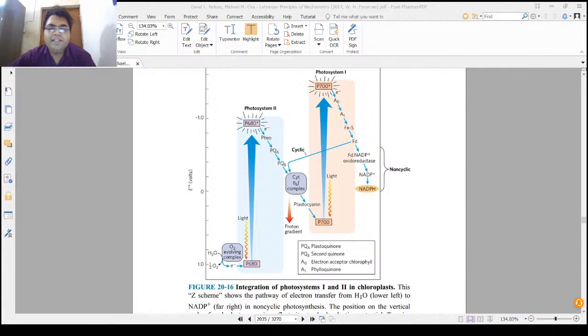Now in this image we can see that the electron lost by P680 is not regained by P680, whereas the electron lost by P700 is regained by P700 by the same electron that travels through the pheophytin and plastoquinone of the photosystem II complex. It is regained, but this one is not regained. If this process keeps on happening incessantly, what will be the consequence?